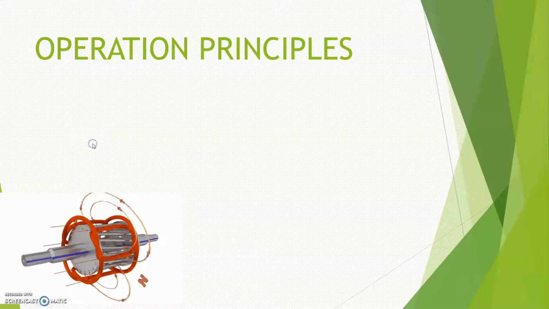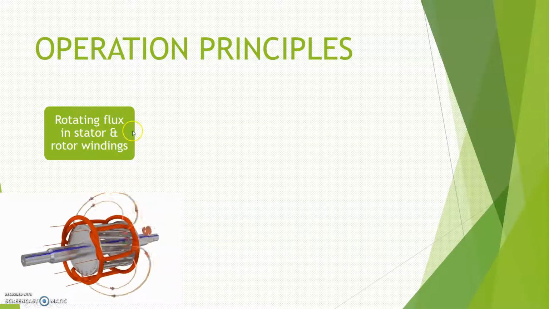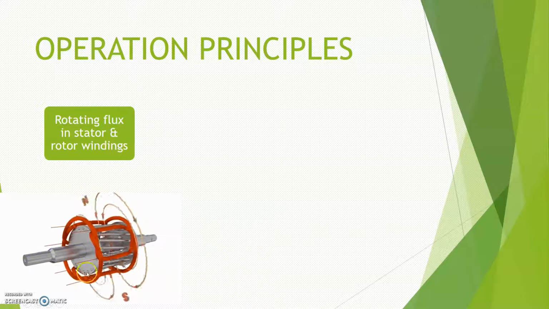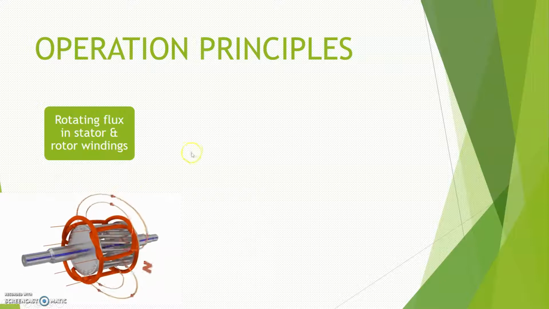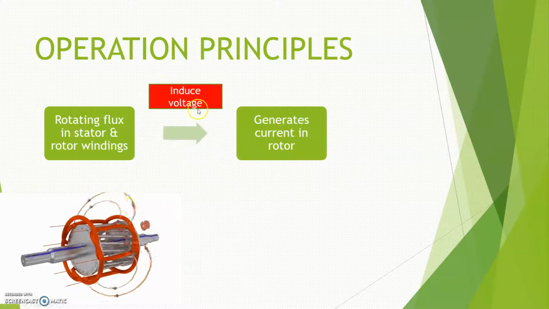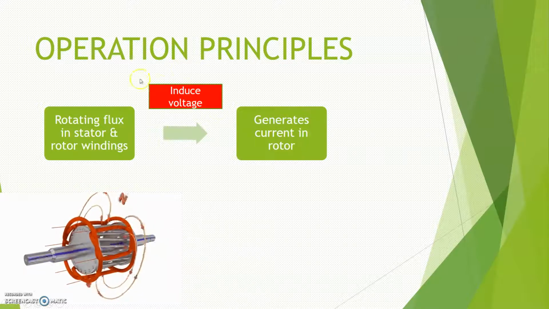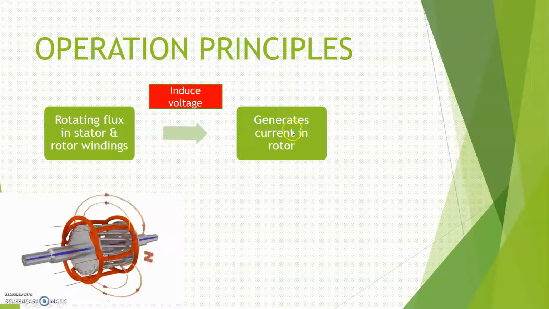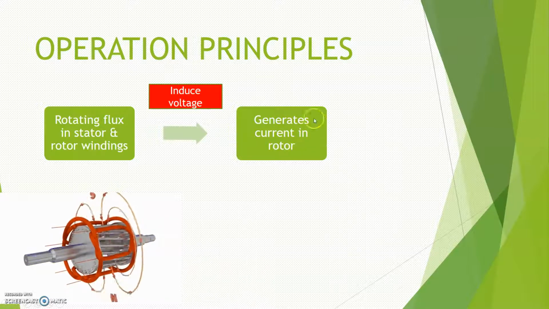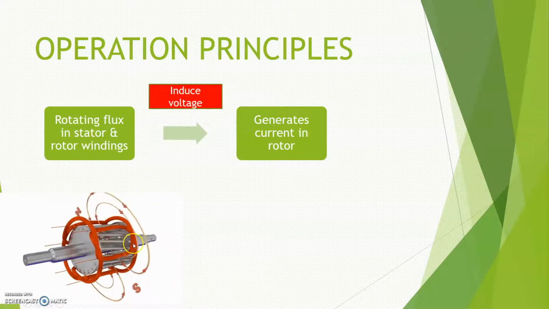For summarization, the operation principles of the induction machine can also be represented by this flowchart. Firstly, you have a rotating flux in the stator winding and also in the rotor winding. This will cause an induced voltage in the rotor. Based on the induced voltage, current is generated in the rotor, the one with the blue color.